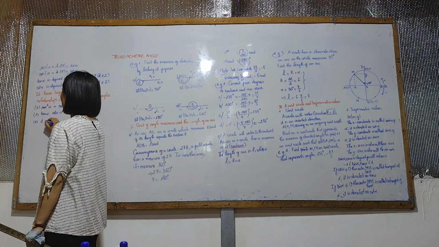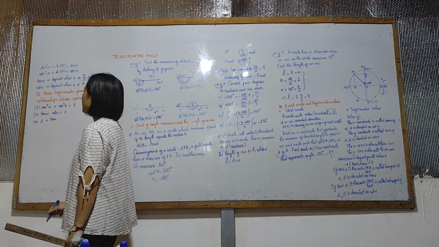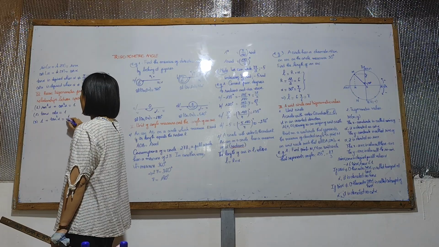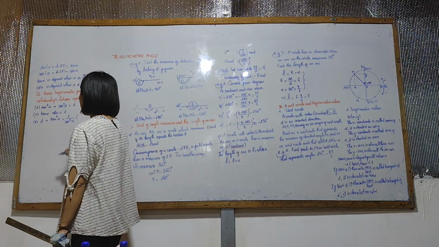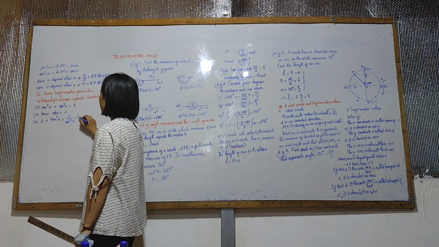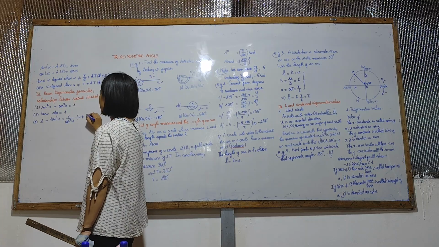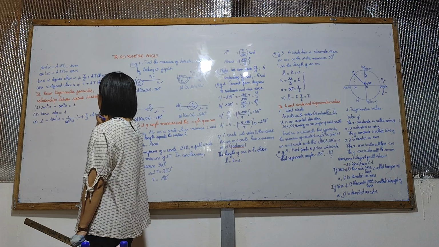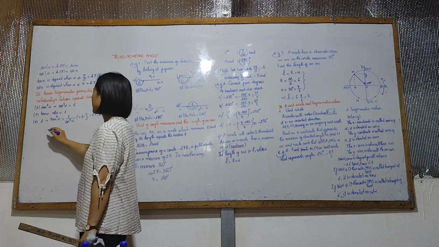Number 3. 1 plus tangent squared alpha equals 1 over cosine squared alpha, where alpha is different from π over 2 plus kπ, and k is in the integers.